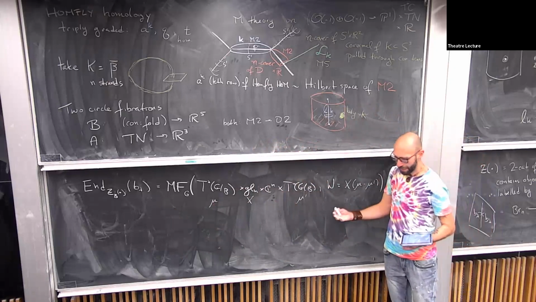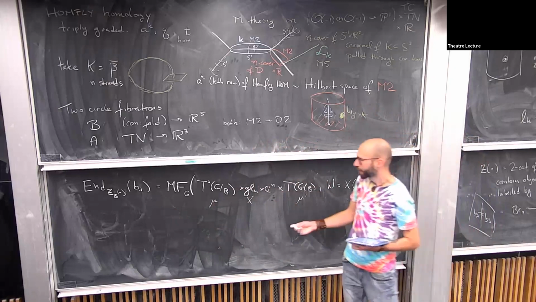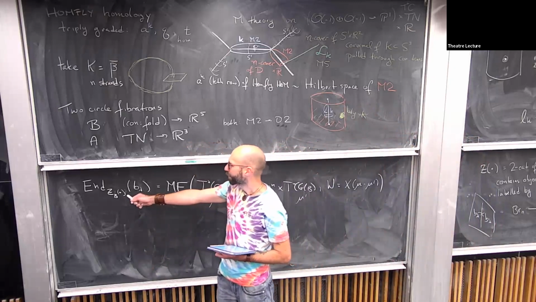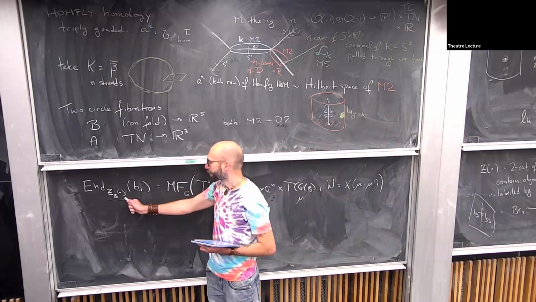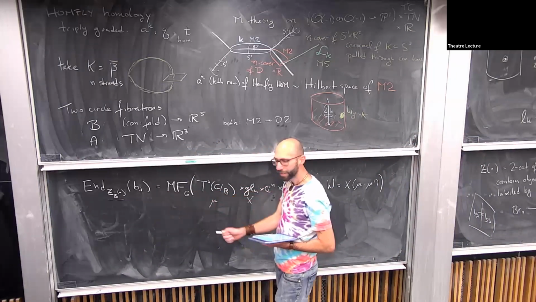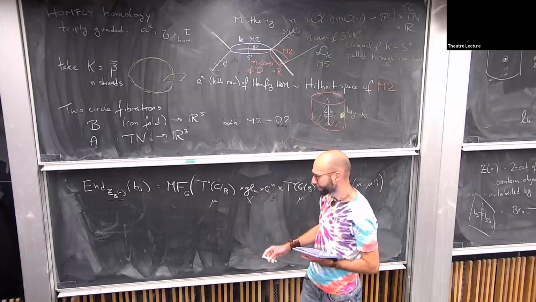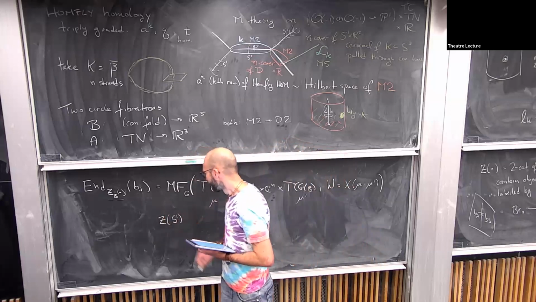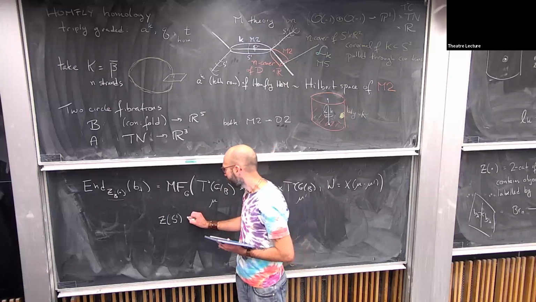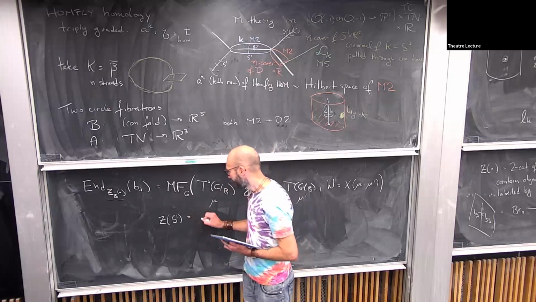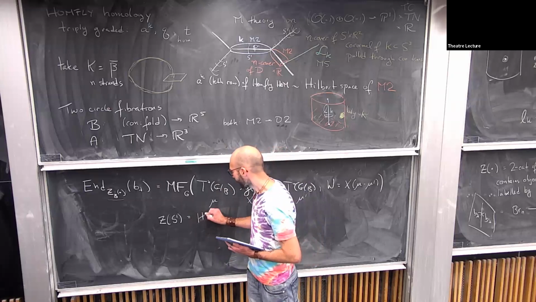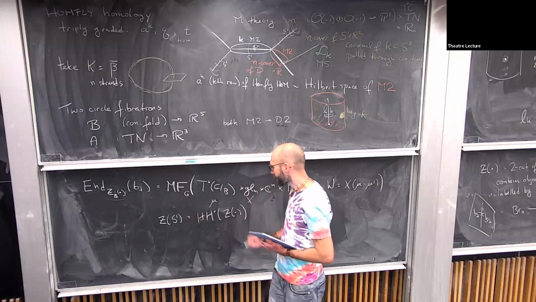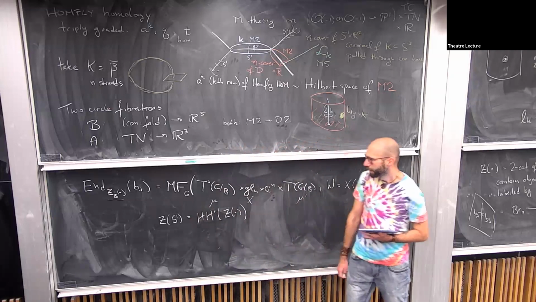In abstract TQFT terms, that uses some relations between the category associated to a point and the category associated to a circle. D of S1, the category of lines, is the Hochschild cohomology. Ought to be the Hochschild cohomology of Z of a point.